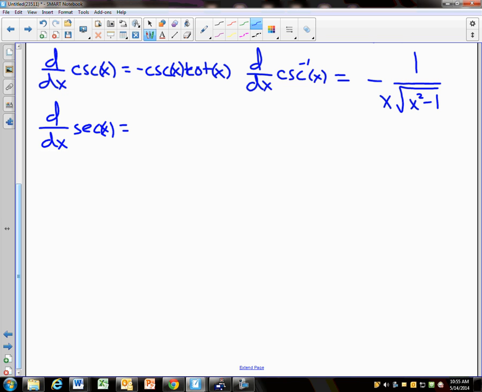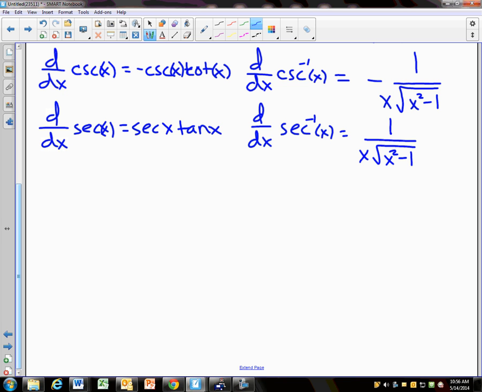What's the derivative of secant? Anybody want to guess, by our other form, what the derivative of secant inverse is? Very good. Positive 1 over x times the square root of x squared minus 1.